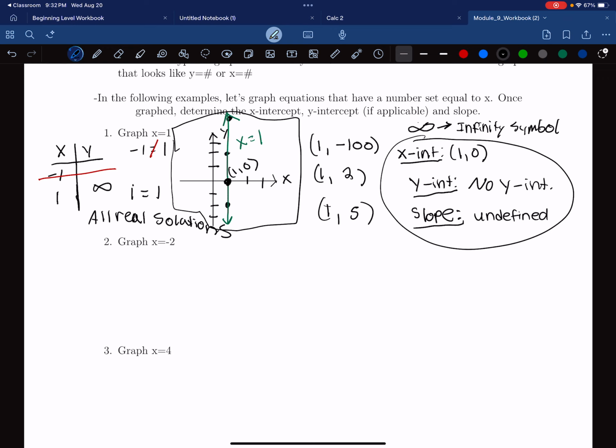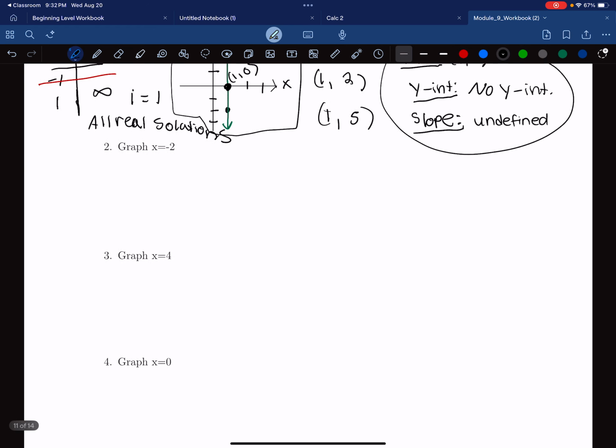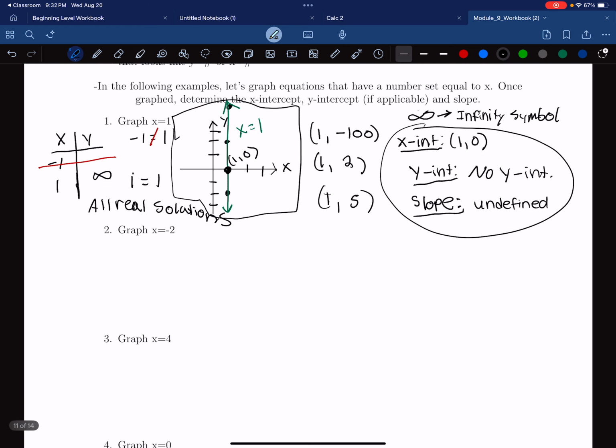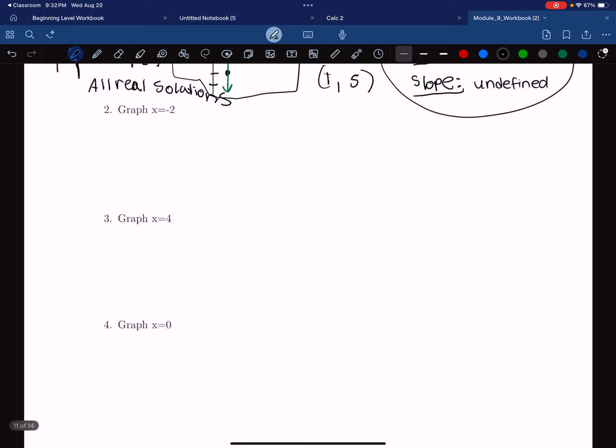But I did all this just so we can start to learn how to graph equations that we haven't seen before, because you can use this table method for any graph, even something you've never seen. You can plug in values, but that's more of an algebra concept that I just introduced. Anyways, let's look at the second example where we graph x equals negative 2.